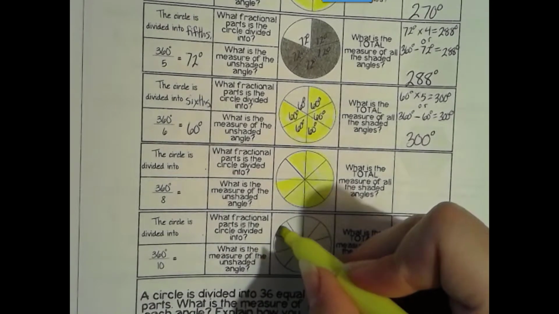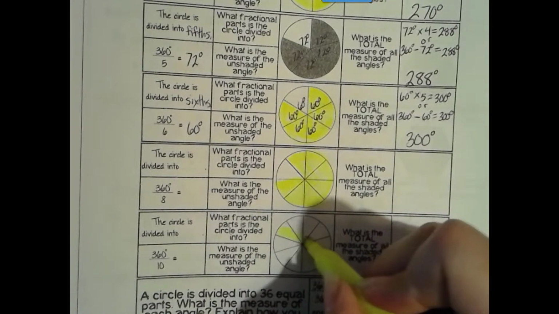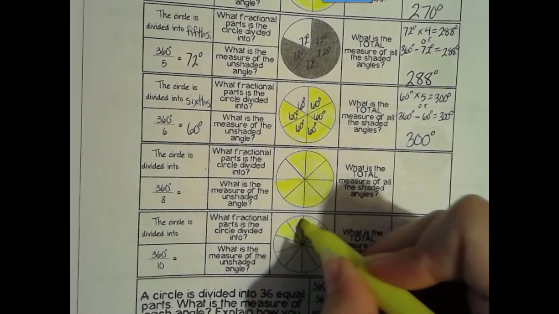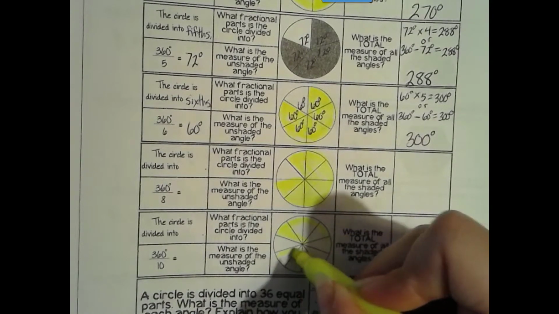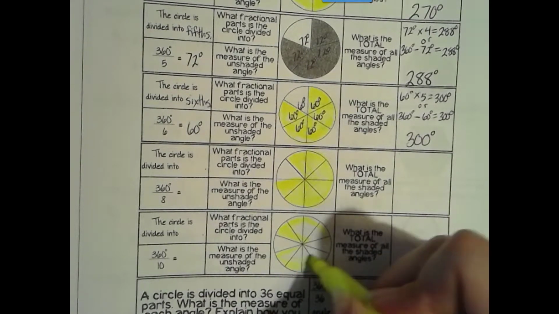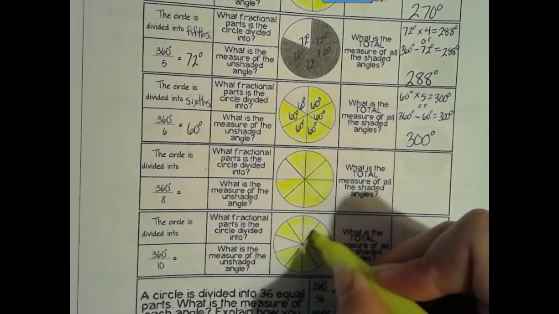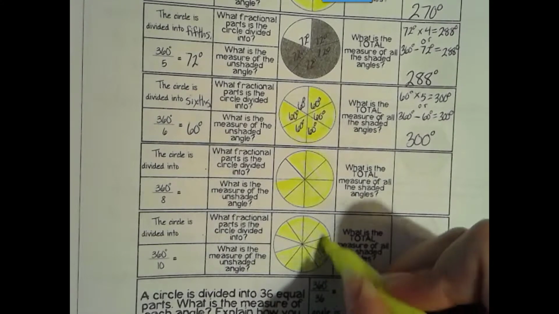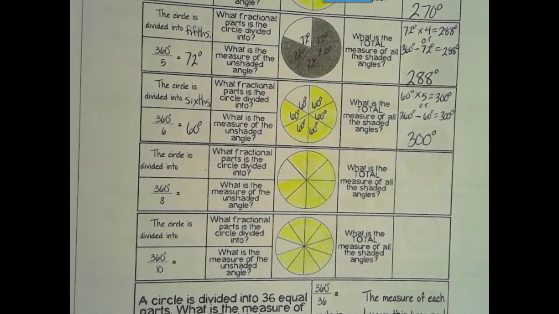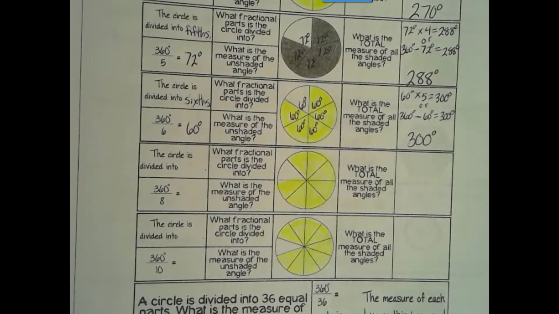And while we're at it, let's go ahead and do the tenths. We're not doing ninths. We're going to highlight 9 of the 10 pieces. So we should be leaving one piece on each of them.